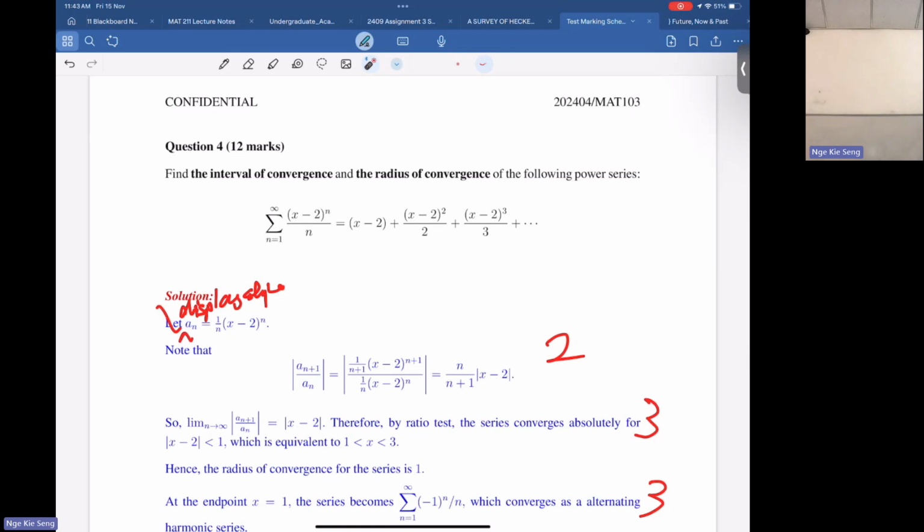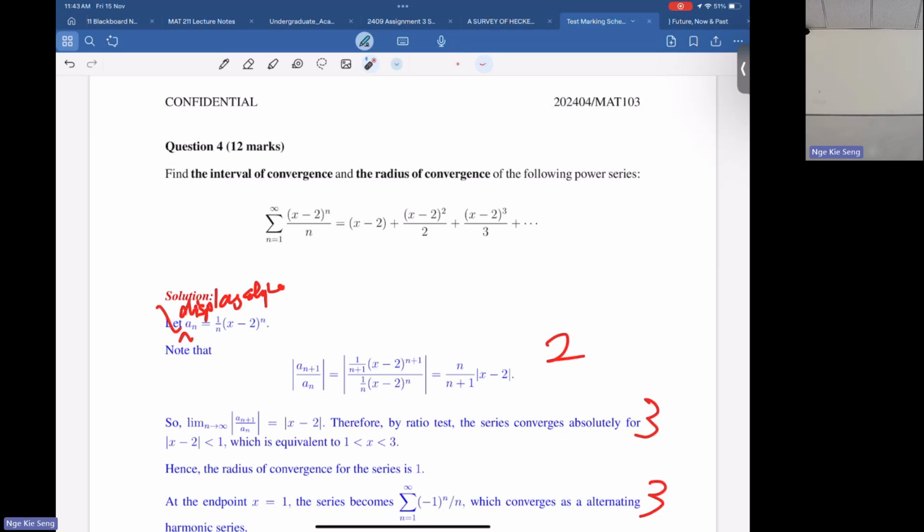So question 4 is about finding the interval of convergence and radius of convergence. 好像感觉很多人都忘记了这题怎么做。So how to get the interval of convergence and radius of convergence here? Basically, you use the ratio test. You have to make sure that the limit is less than 1. Where do the interval and the radius come from?